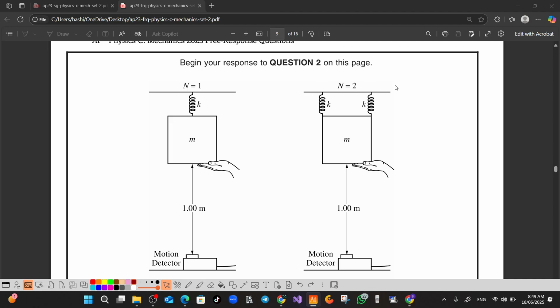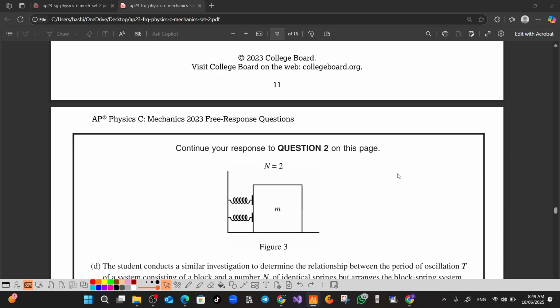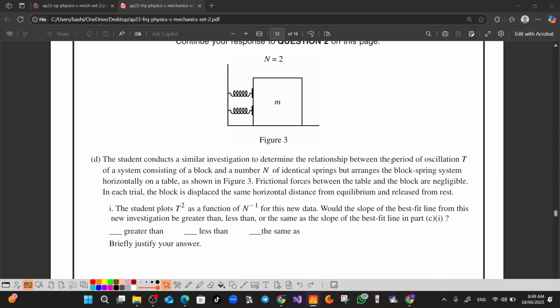Instead of having the spring with the mass vertically, we now place them horizontally according to figure 3. There is no friction between the table and the block. In each trial, the block is displaced the same horizontal distance from equilibrium and released from rest.